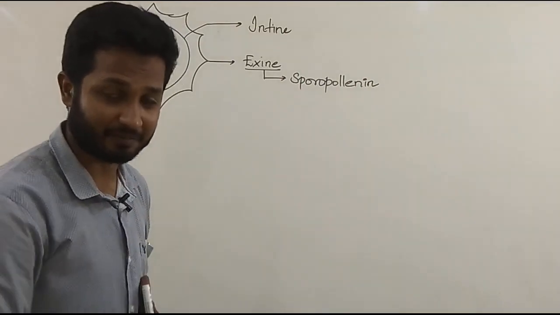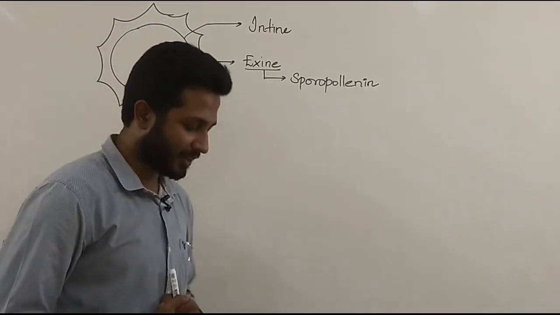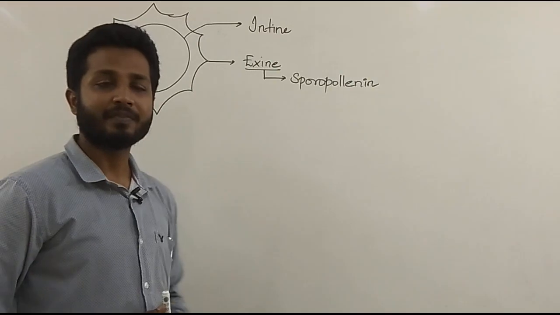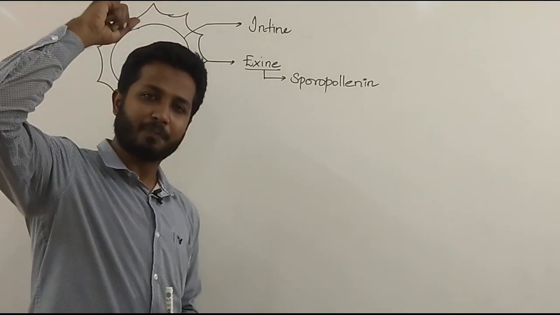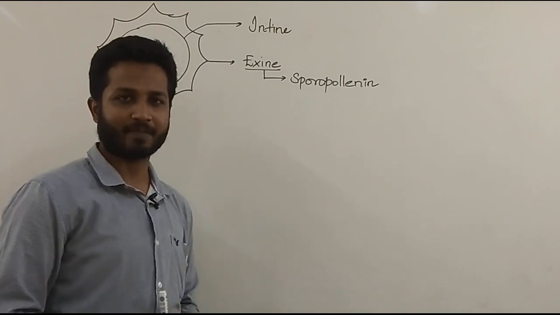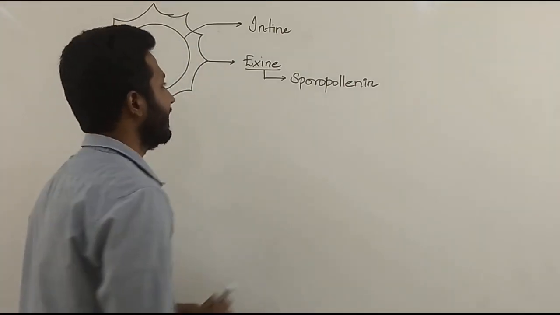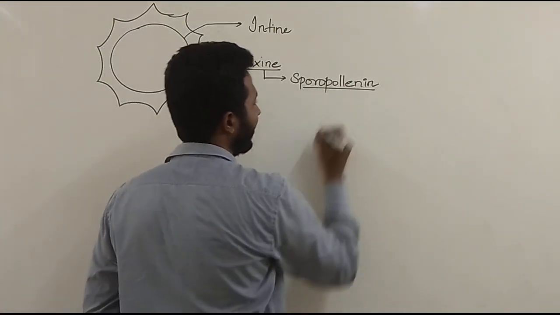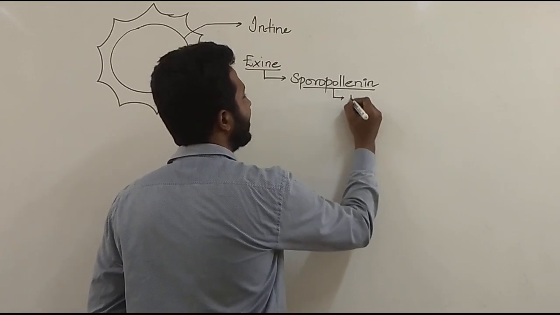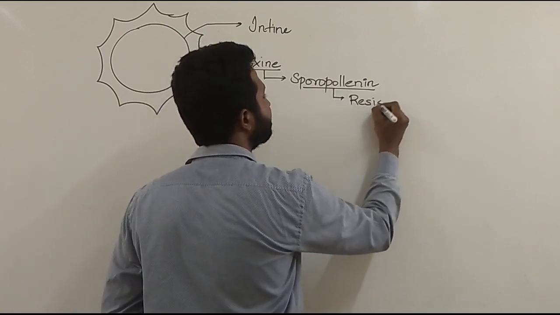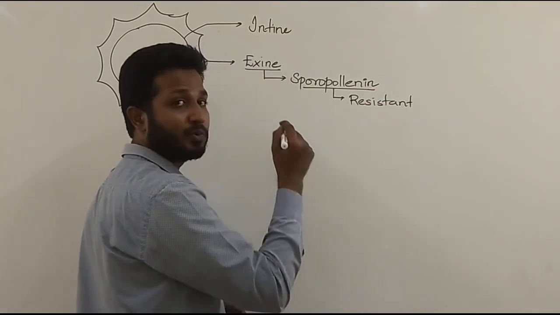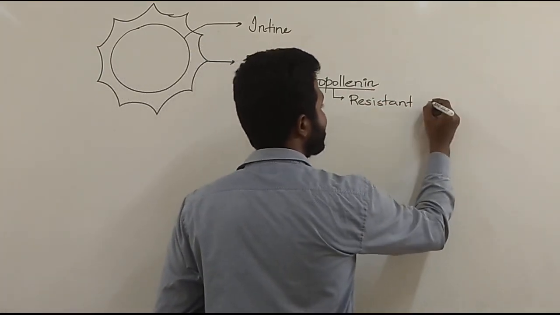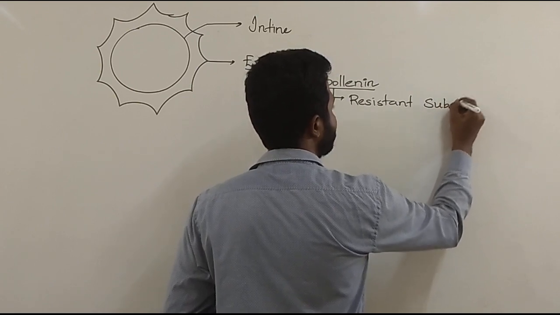A very important layer. You know why? Because it is this layer which is the reason for the availability of fossil pollen grains even to this day. Why? Because sporopollenin is one of the most resistant biological molecules produced in the plant.